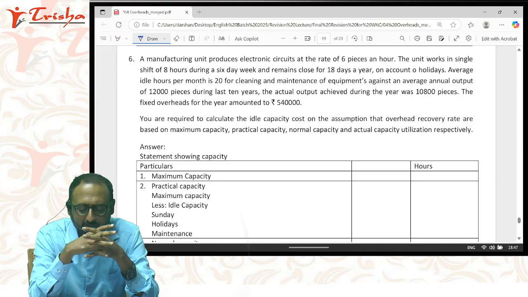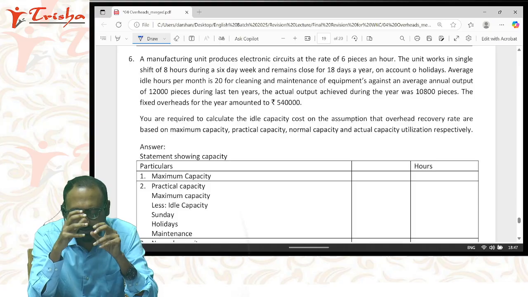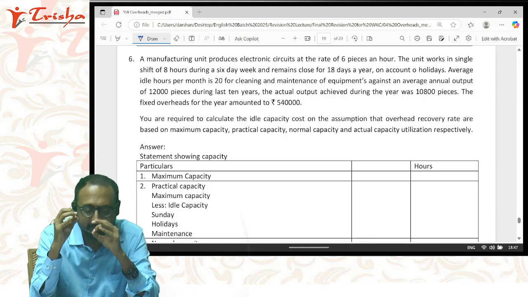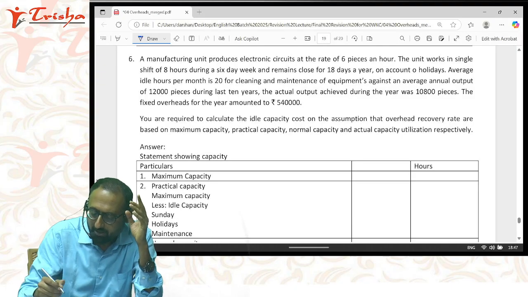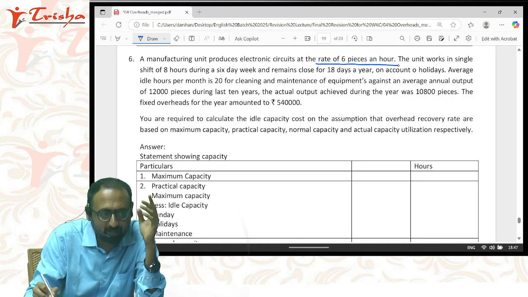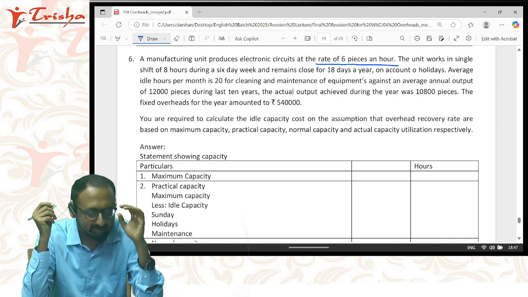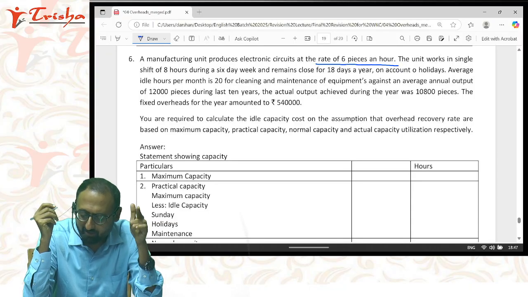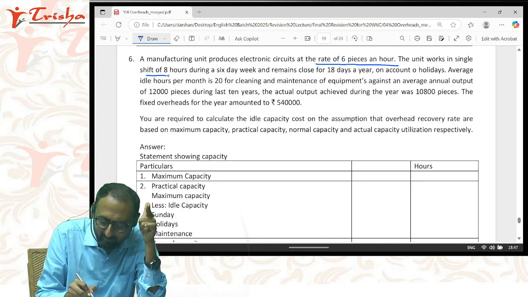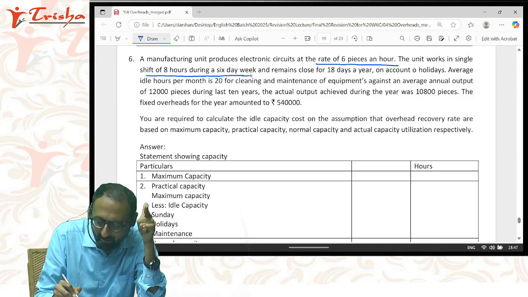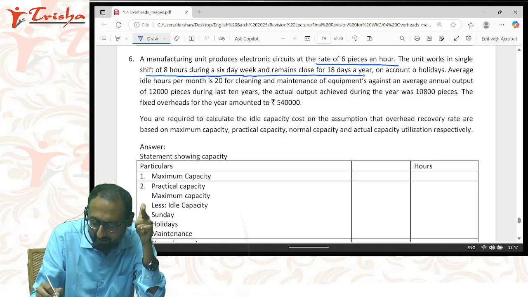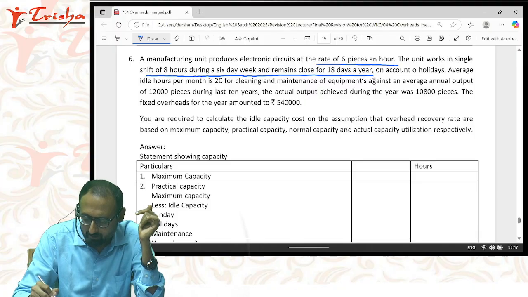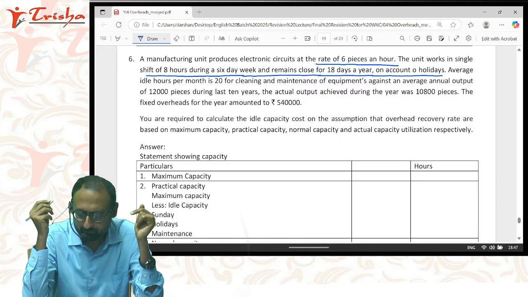A manufacturing unit produces electronic circuits at the rate of 6 pieces an hour. In 1 hour, 6 pieces you are going to produce. Next one. Unit works in a single shift of 8 hours during the 6 days a week and remains closed for 18 days a year on account of holidays.